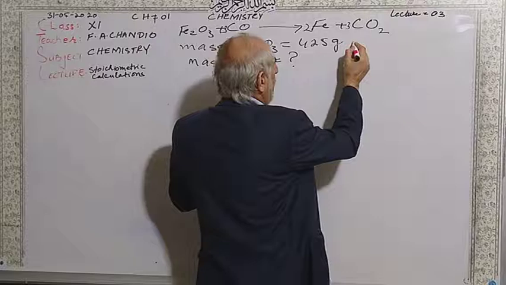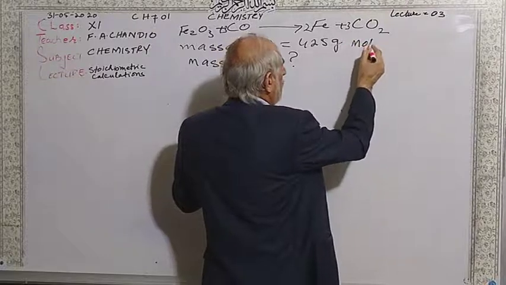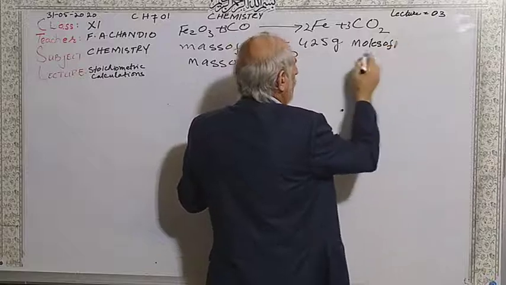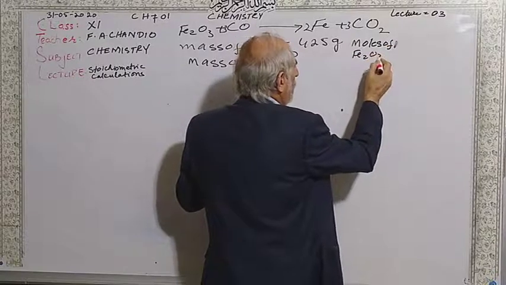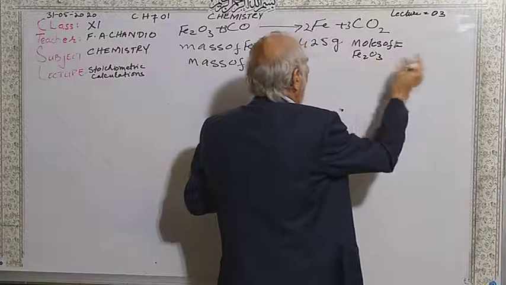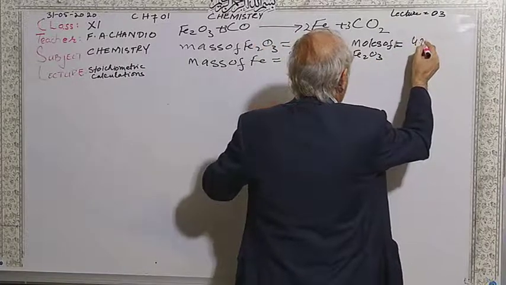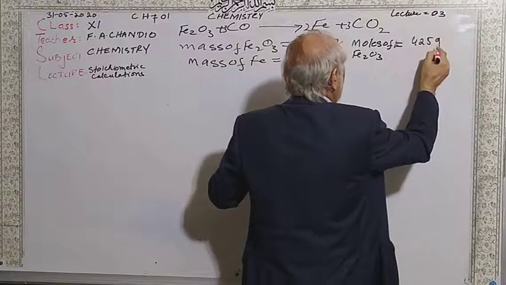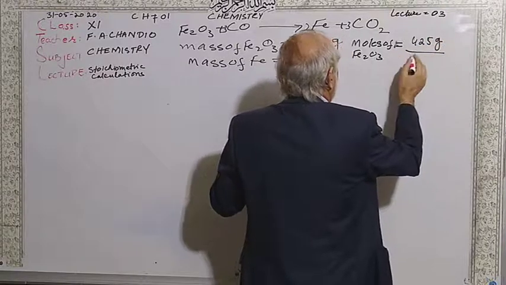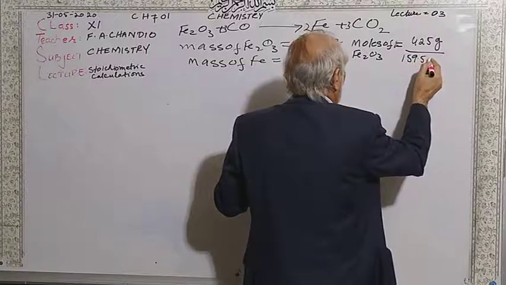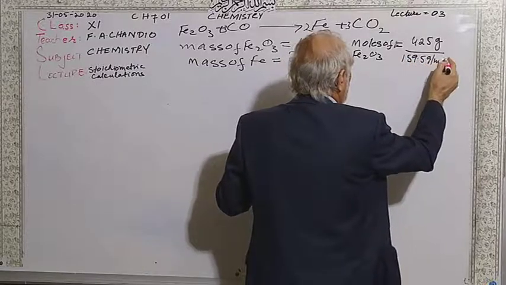So the formula is: moles of iron ore is 425 grams divided by 159.6 grams per mole.